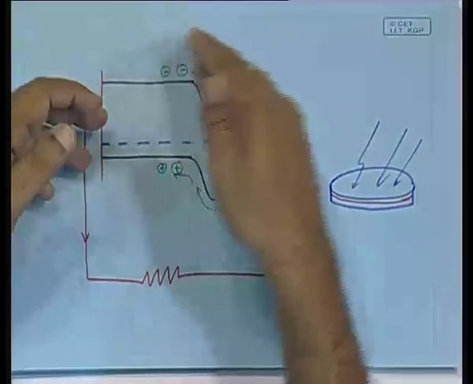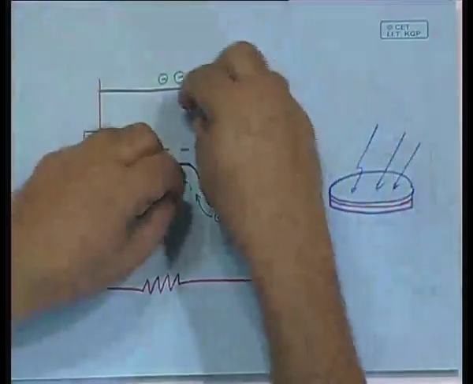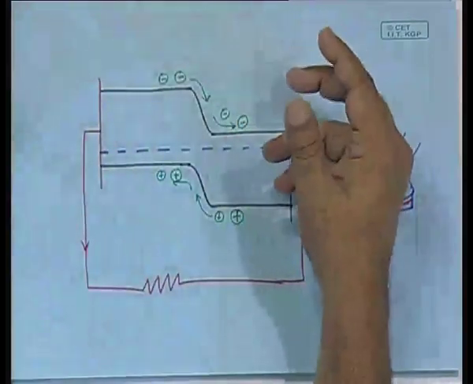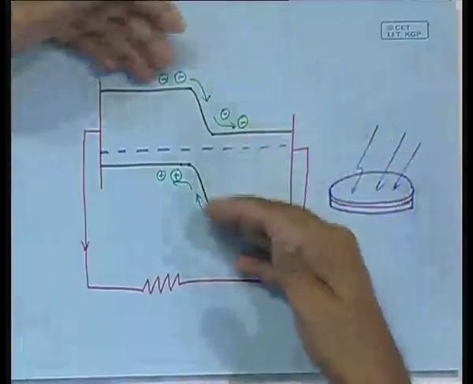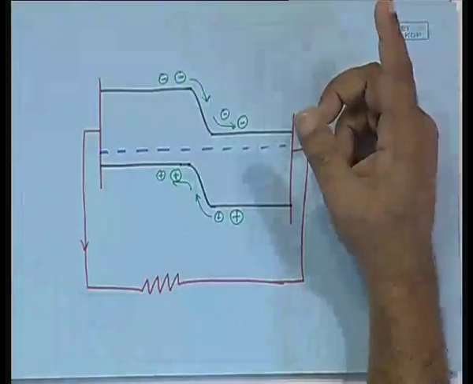Okay. Now, notice what is happening here. You have got the solar light coming in and the separation of the charges. Separation of charges means what? Charges flowing in the opposite direction means what? It is not voltage, it is current.